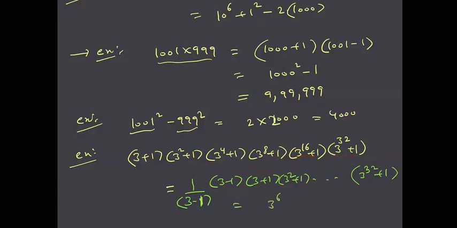So this is nothing but (3⁶⁴ − 1)/2. You can see how useful this identity (a + b)(a − b) is.